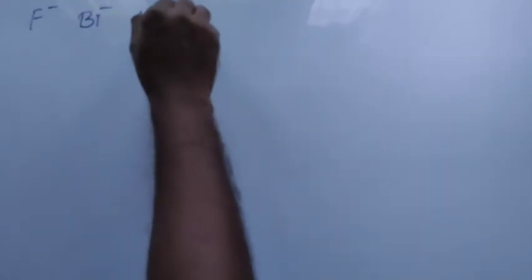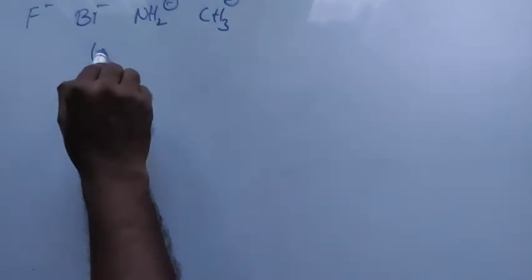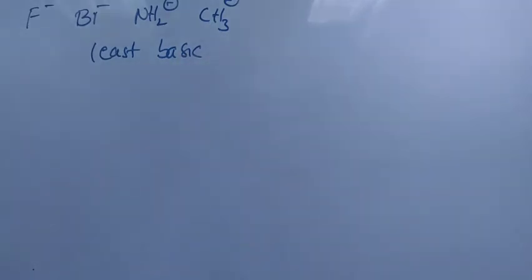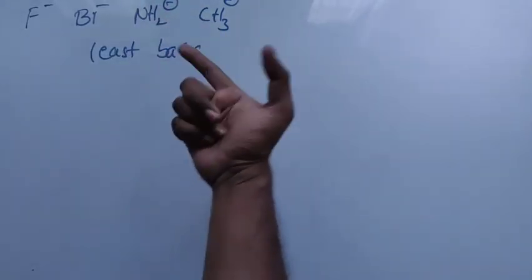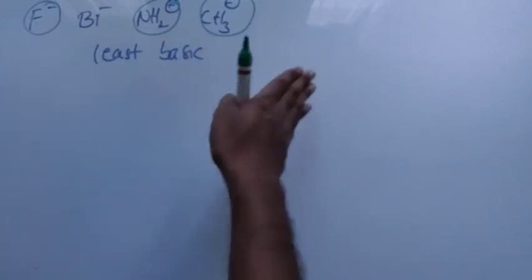Fluoride ion, bromide ion, amide ion and carbanion. They asked, what is least basic here? Among these four, which is least basic? If you consider fluoride, amide and CH3 minus, these all lie in the same period: carbon, nitrogen, fluorine.